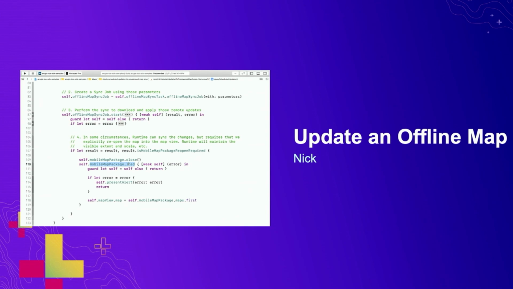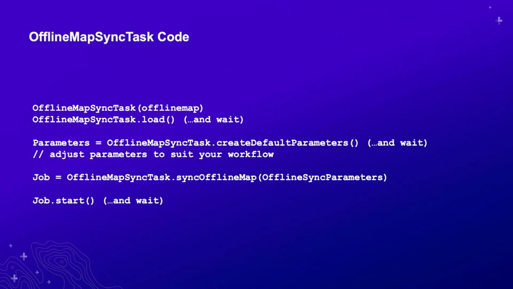Thanks, Nick. All right, so let's have a look at that in code using the offline map sync task. You create the offline map sync task, passing in the offline map, you load it, you ask it to create the default parameters because you can control the way that the sync works.